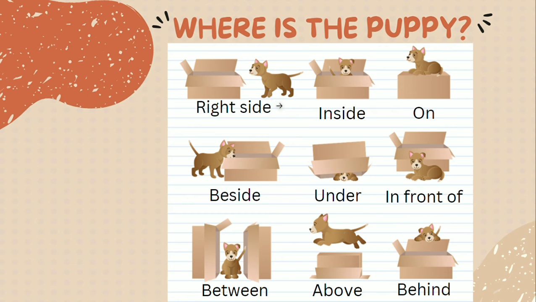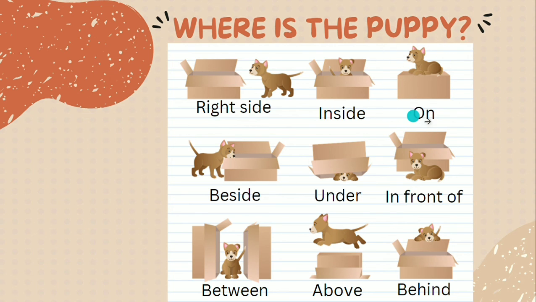Okay, and for the second picture, the puppy is inside the box. And for the third picture, the puppy is on the box, or we can also say the puppy is on top the box.